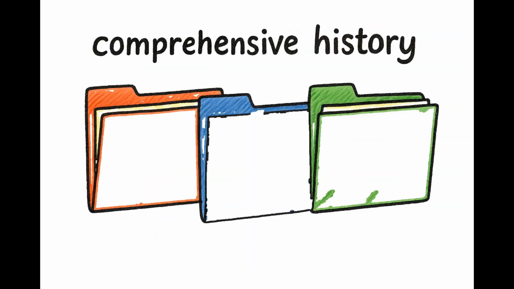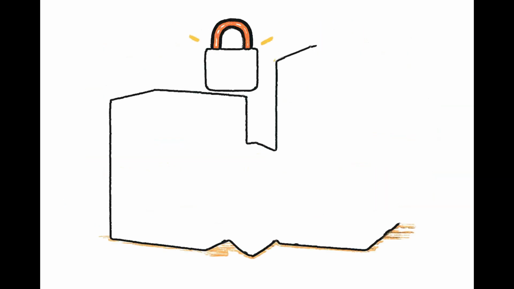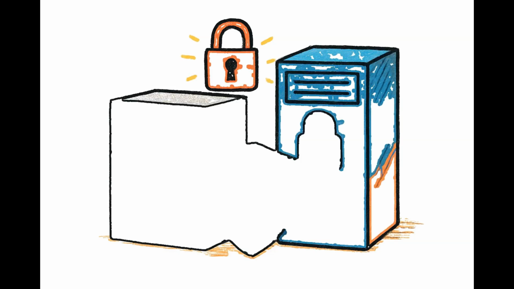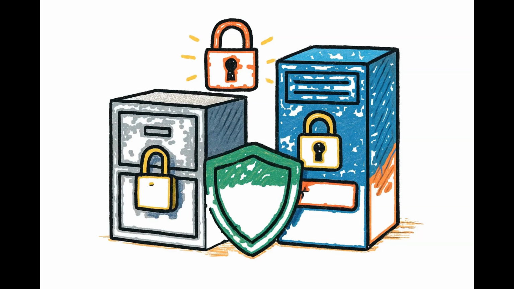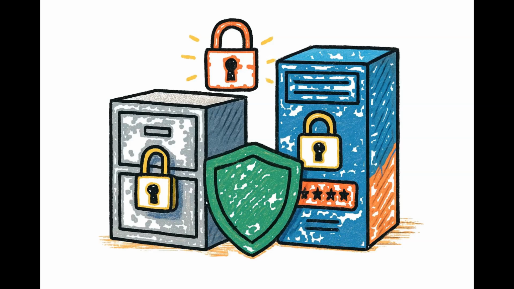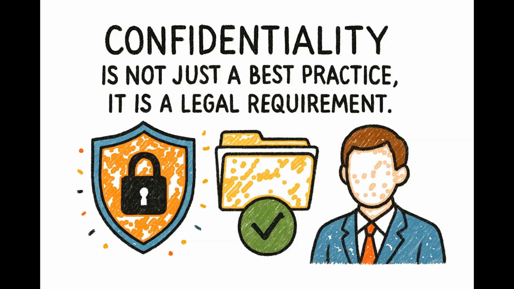Together, these 3 retention periods create a comprehensive history. All of these records, every single page, must be maintained in a secure location with controlled access, a locked filing cabinet, a password-protected server. Confidentiality is not just a best practice, it is a legal requirement.